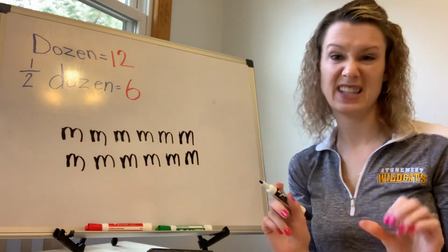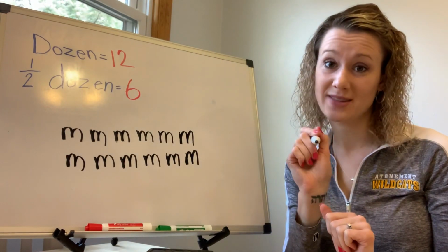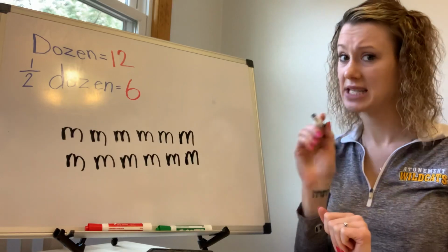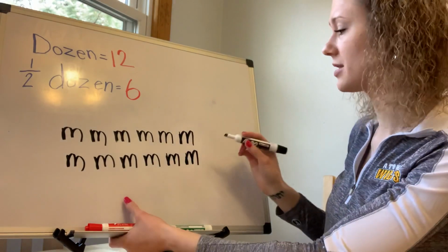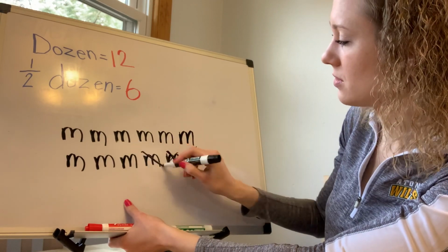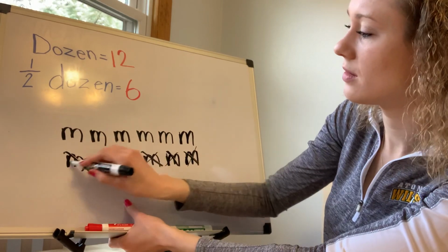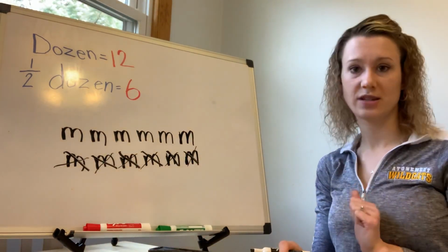So if 6 went away, what do I need to do? Cross them off. Half dozen, 6 of them off. All right, here we go. That's what I'm going to do. 1, 2, 3, 4, 5, 6. All right, crossed off 6.